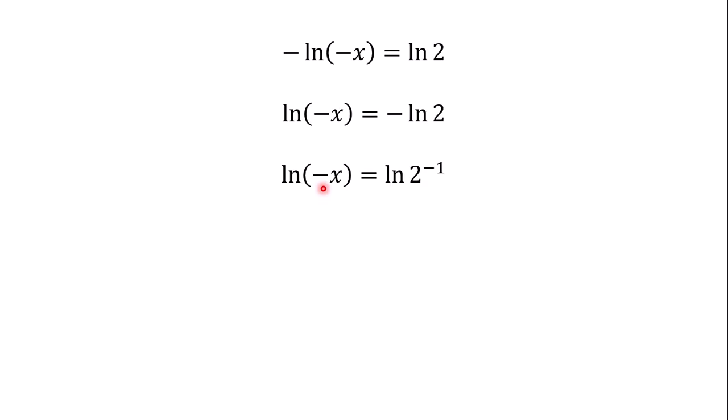So here we're just going to take E of both sides, or since both natural logs are positive, you can say by comparison, this is equal to this, and that's all. You are good to go. All right, good.